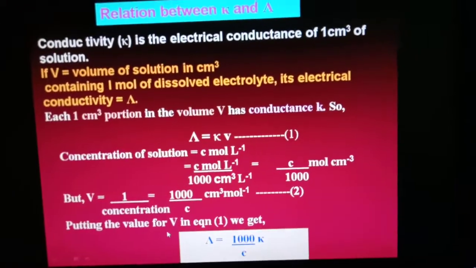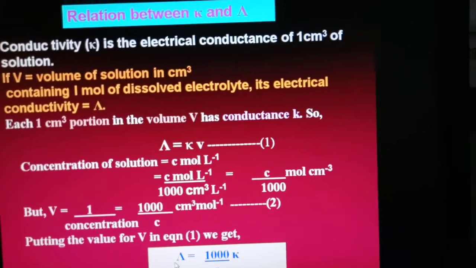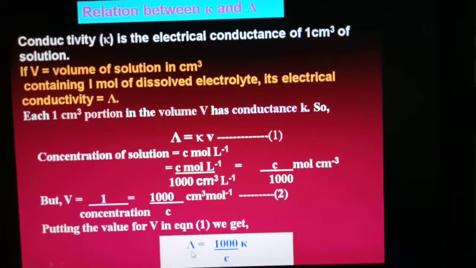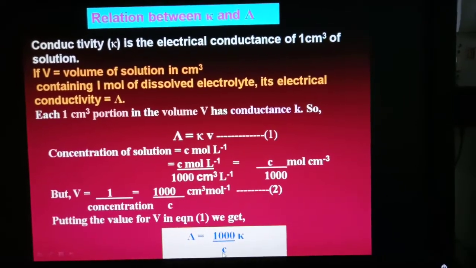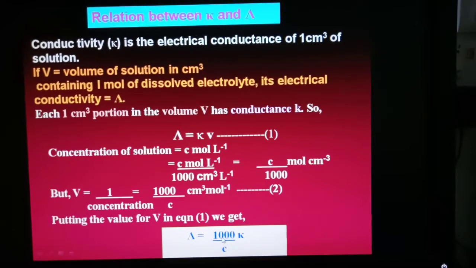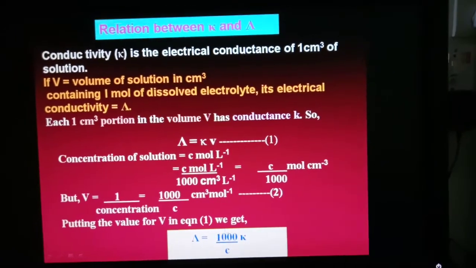So V can be written as 1000 upon C centimeter cube per mole. Let us call this equation number 2. Putting the value for V in equation 1, we get an important relation, that is lambda is equal to 1000 kappa upon C, or lambda is equal to 1000 K upon C. Numericals based on this particular relation are very often asked for 2 marks in board exam.